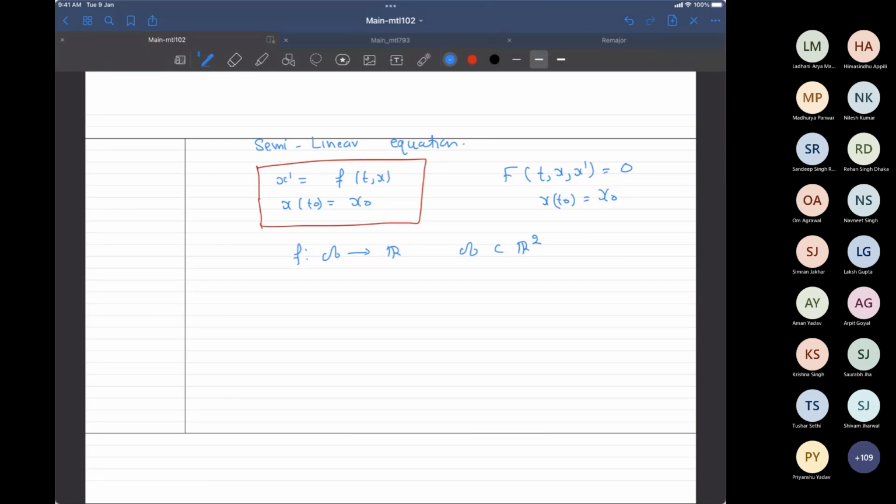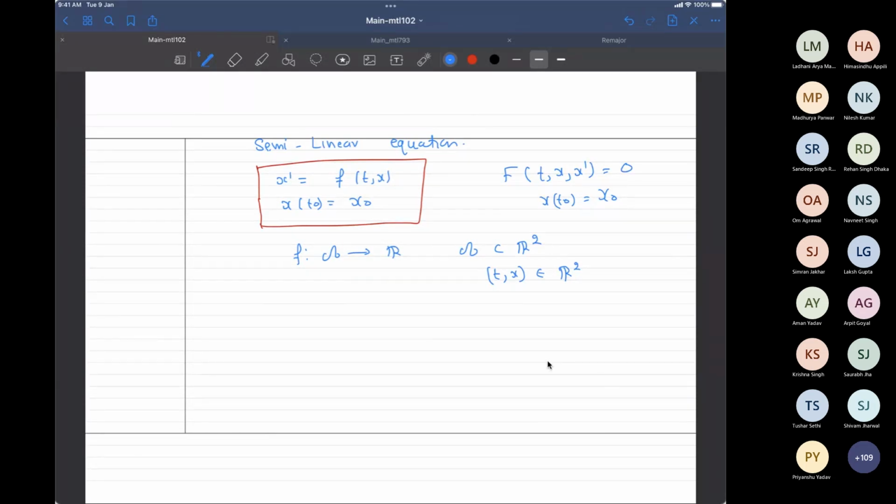You will have x comma t or t comma x, whichever way you write, they both are elements of R2. Now we'll try to understand how to solve this kind of equation.